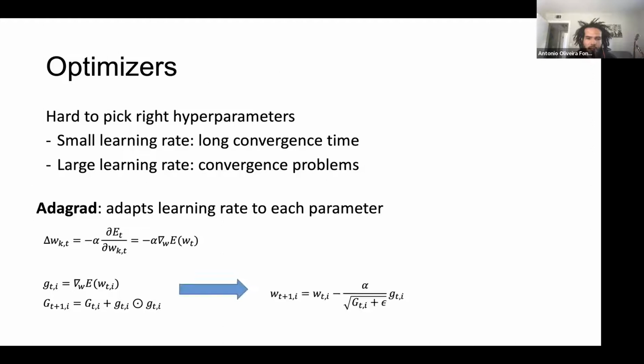Some of them, it's this ADAGRAD, which uses an adaptive learning rate, okay? And essentially what it does is, let me go by steps. Here we have the usual gradient, that's being computed with respect to the error and the weights, and that's the alpha, the learning rate that we had before. So nothing new.